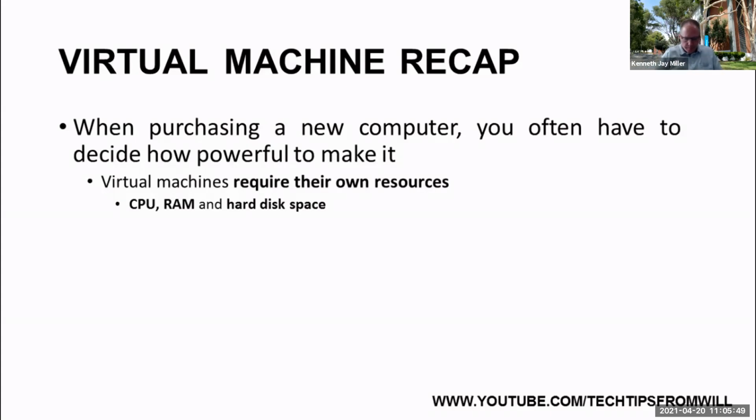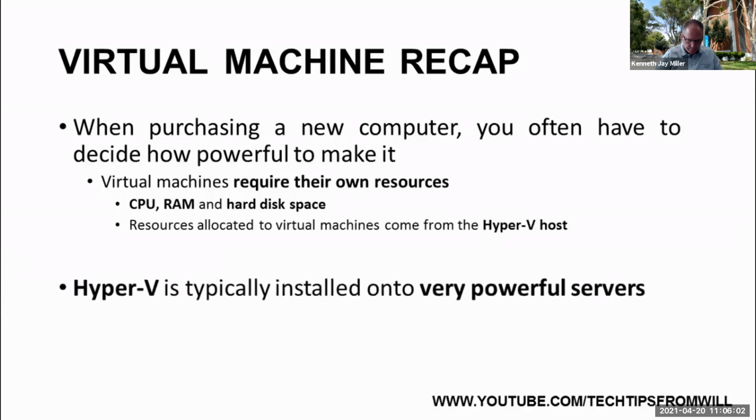Since virtual machines are entirely software-based, the resources you allocate to the virtual machines will come directly from the Hyper-V host. This is why the Hyper-V role is typically installed onto very powerful computers with a lot of resources, so that both the host and guest systems are able to run smoothly.